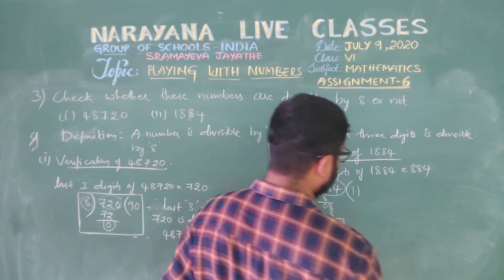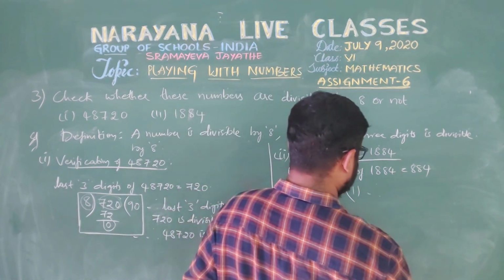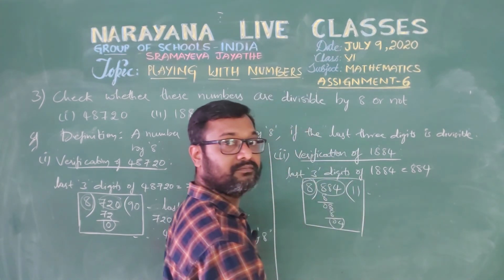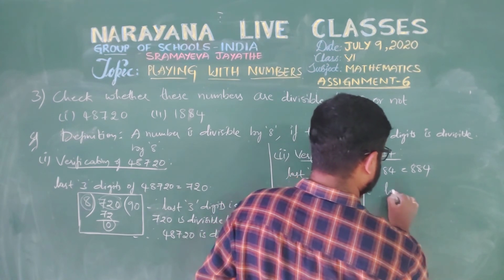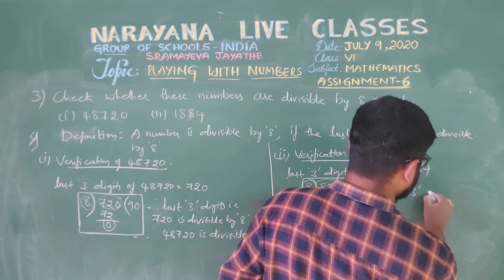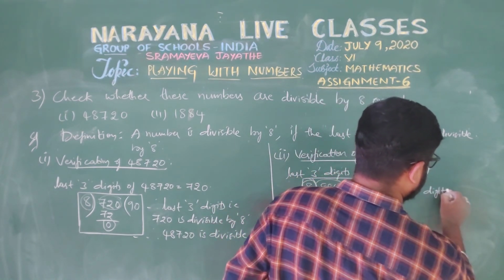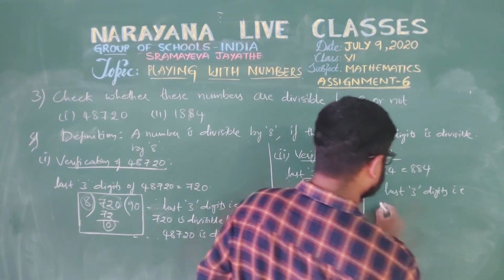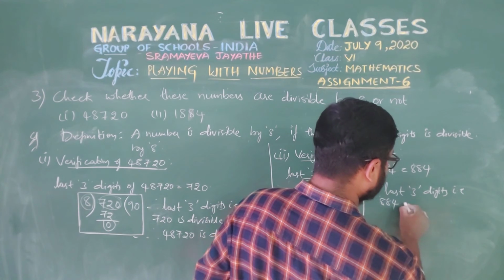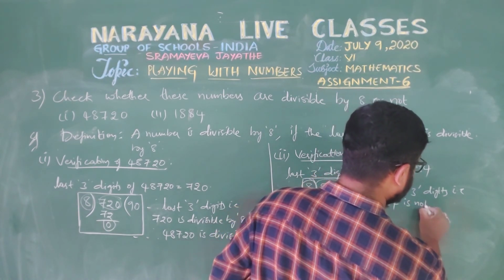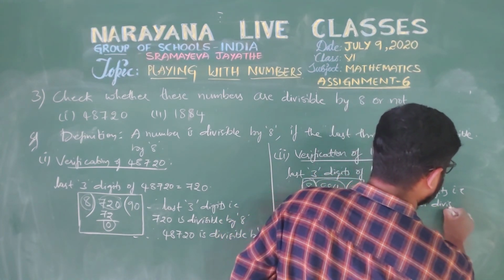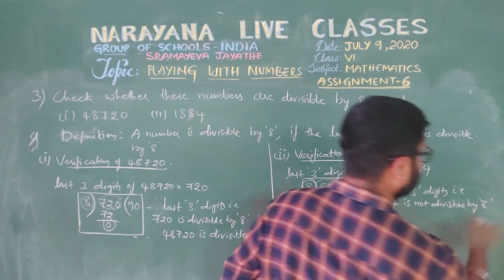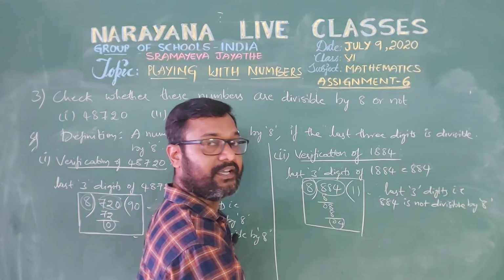So therefore, here you can write the last three digits, that is 884, is not divisible by 8.